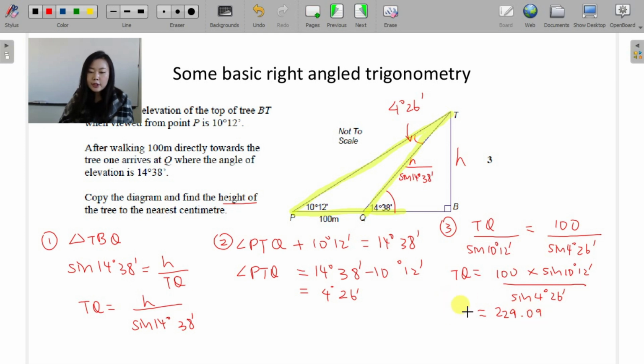TQ itself represents h on sine 1438. So I'm just going to continue up here where I have a bit more space.